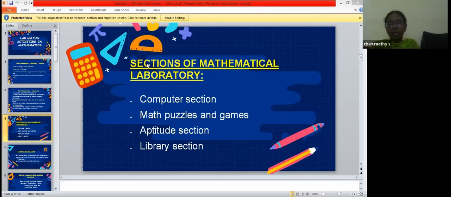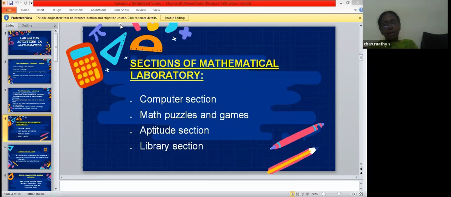A library. I don't know how many of you would agree to this. Of course, a maths lab should contain a lot of books related to the topics they are learning, right from class 1, with a lot of topics which are overlapping. So it should contain a library section.